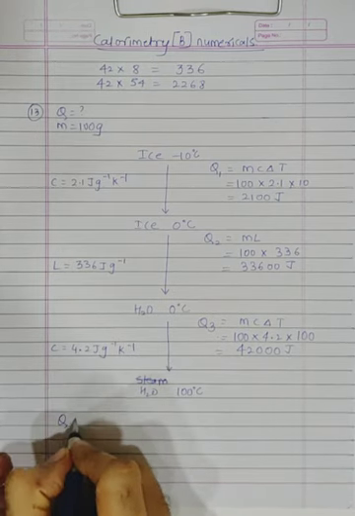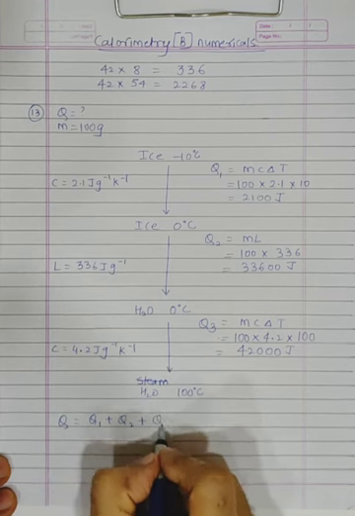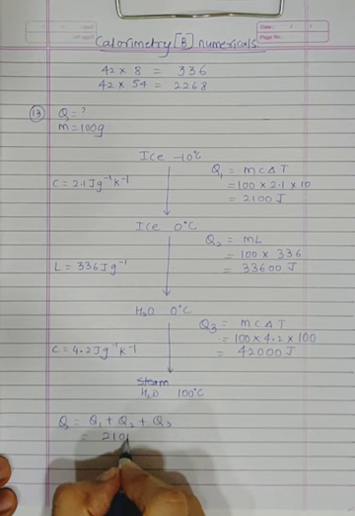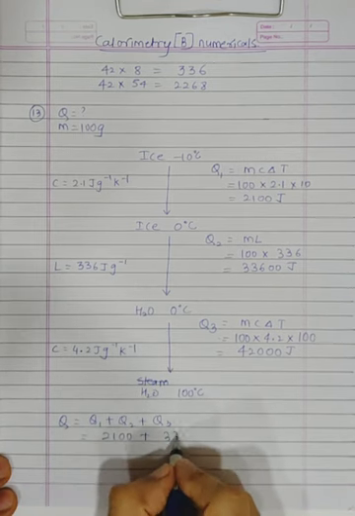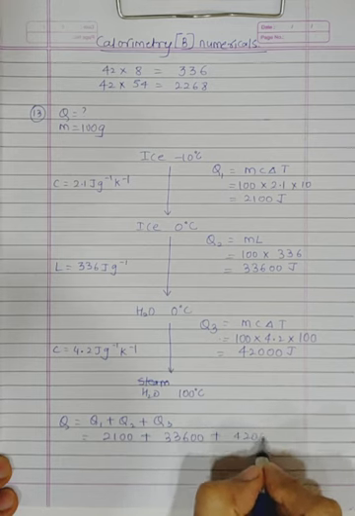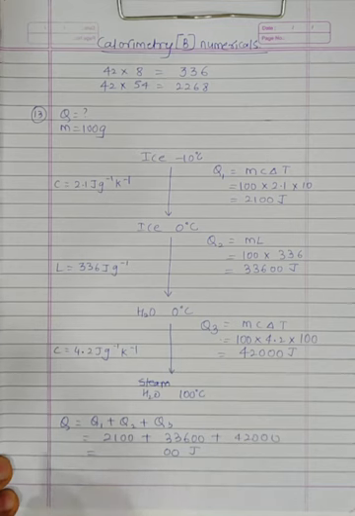Now how will you find out total heat? So it will be Q1 plus Q2 plus Q3. Add up all of them. So you'll have 2100 plus 33600 plus 42000. So 00 is there in all of them, right?